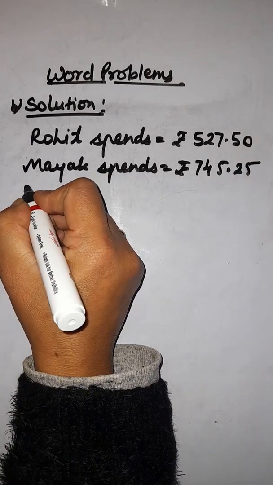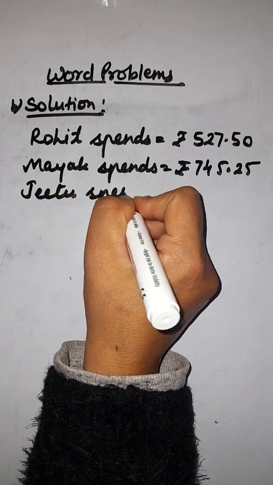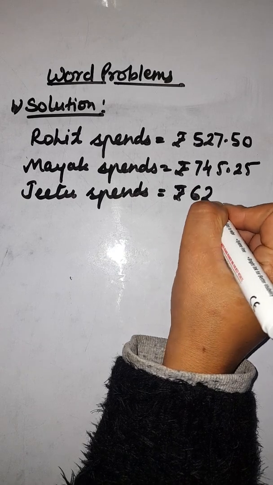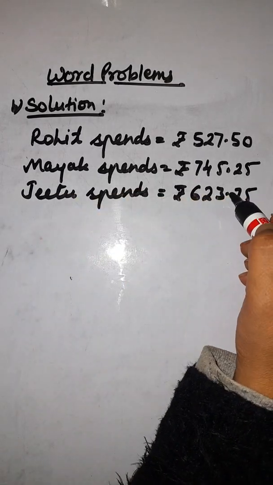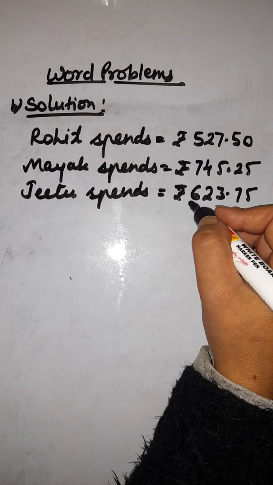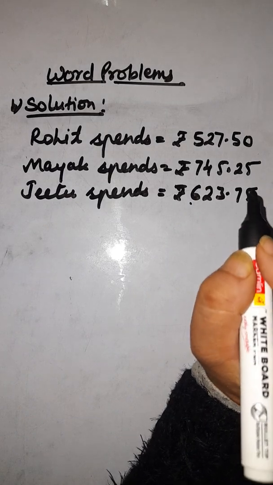The last boy, Jitu, spends rupees 623 and 75 paise. This decimal point represents that before the decimal are rupees and after the decimal are paise.